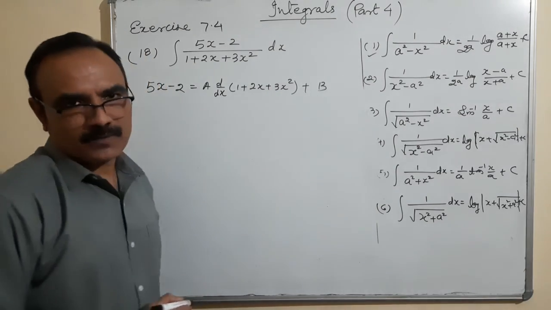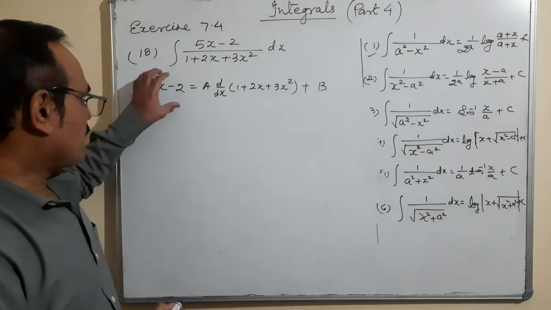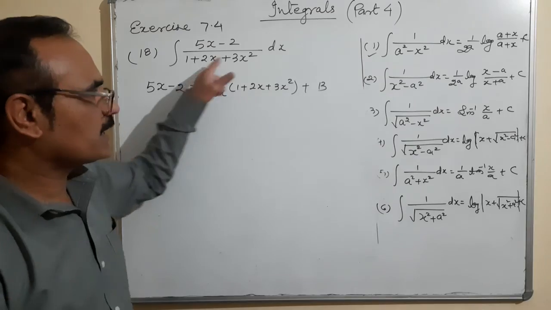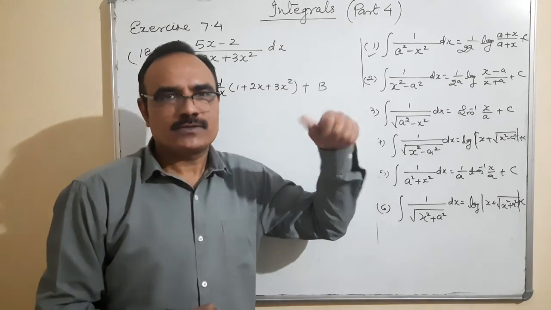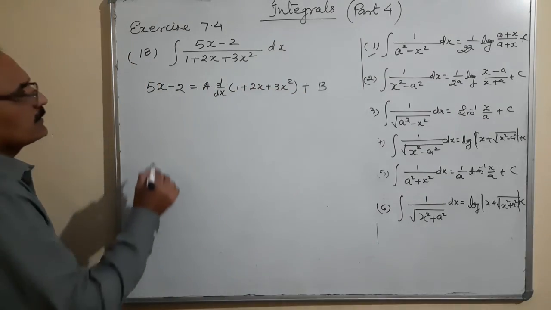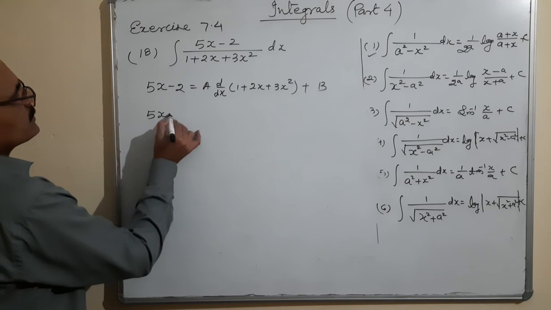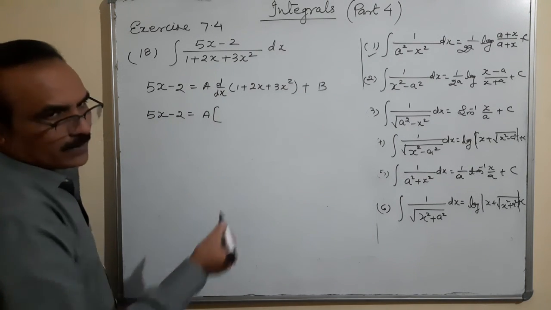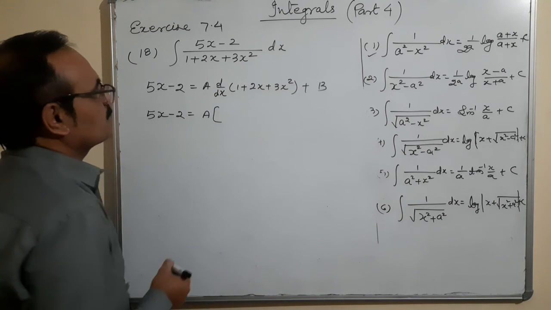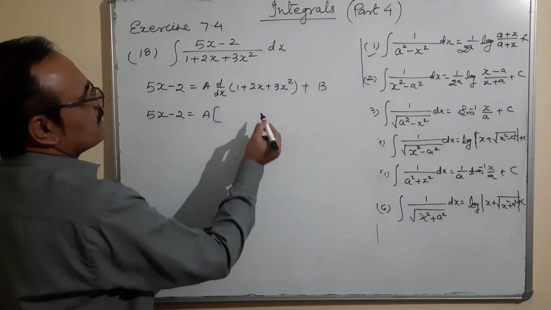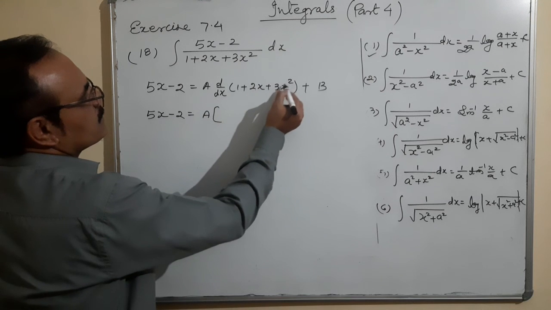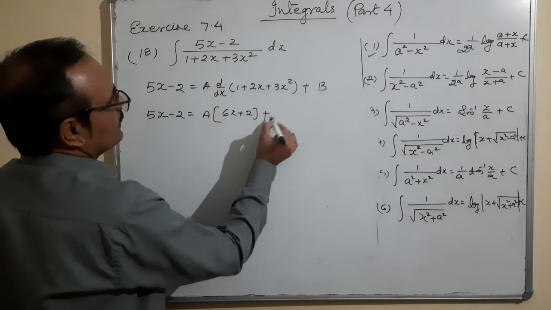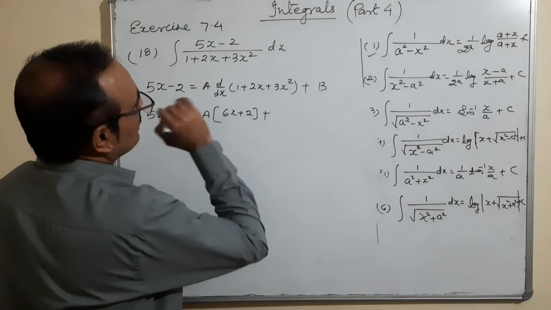The meaning is that 5x minus 2 can be compared with the differentiated term and the constant term, so that one term will be removed automatically. We are finding the values of a and b, which will be substituted here. Its differentiation is 6x plus 2, plus b.